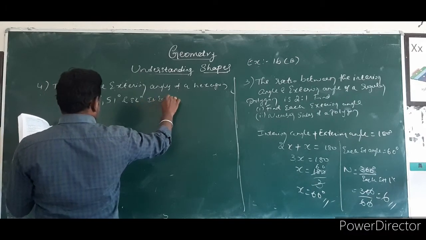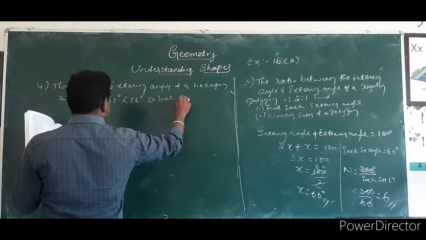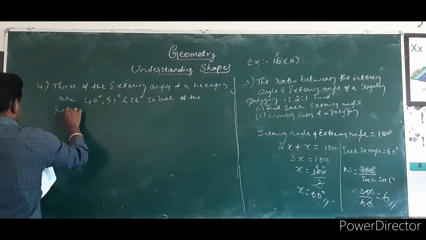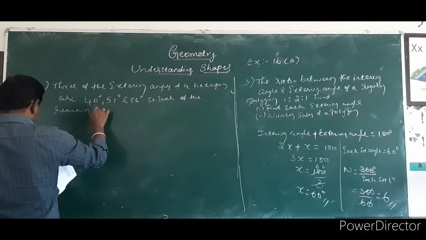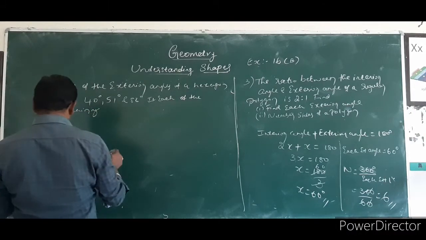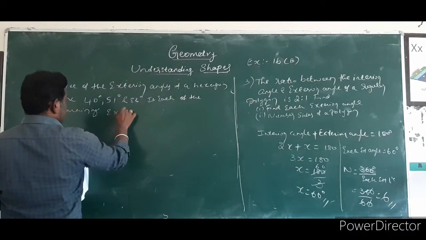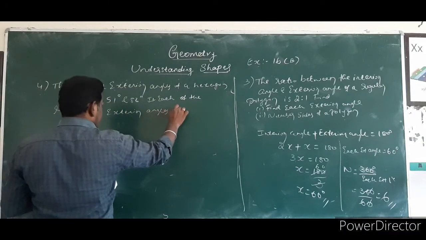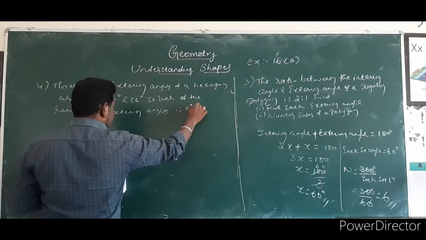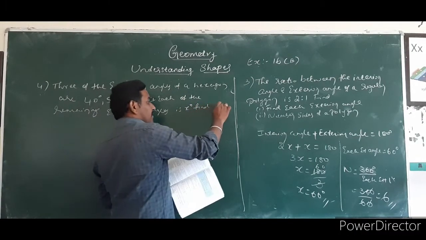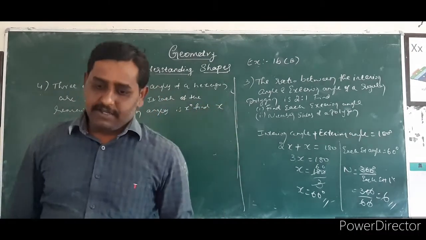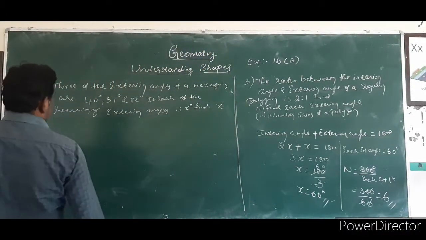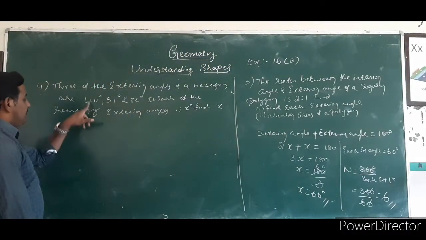If each of the remaining exterior angles is x, find the x value. So 3 exterior angles are given.